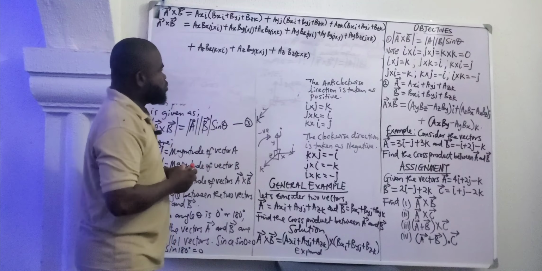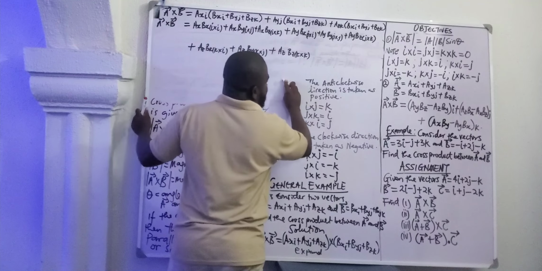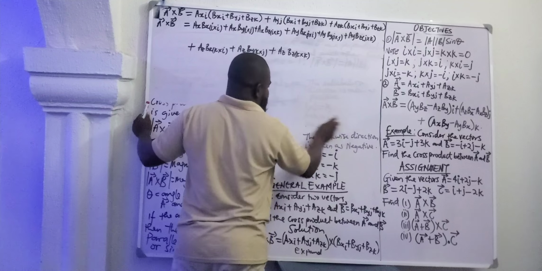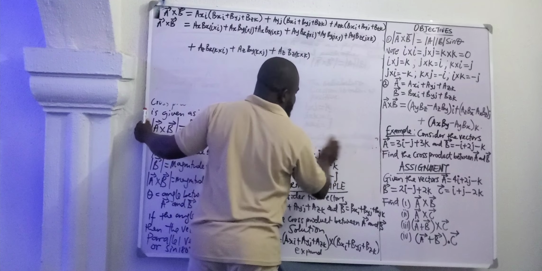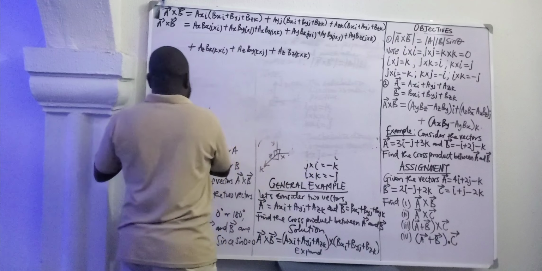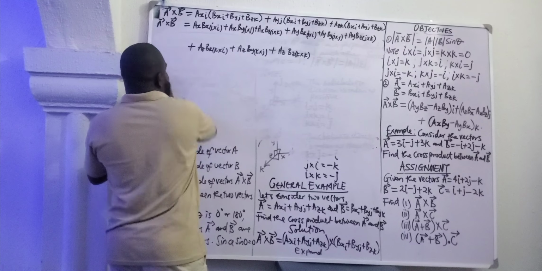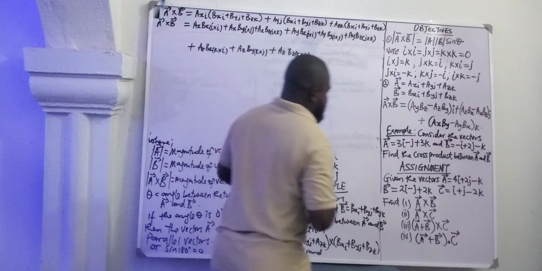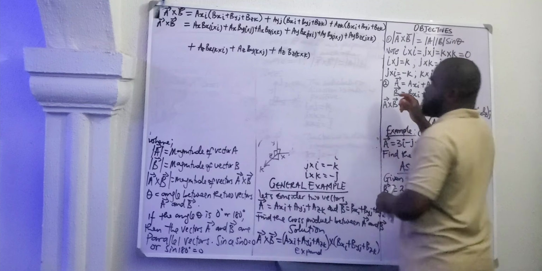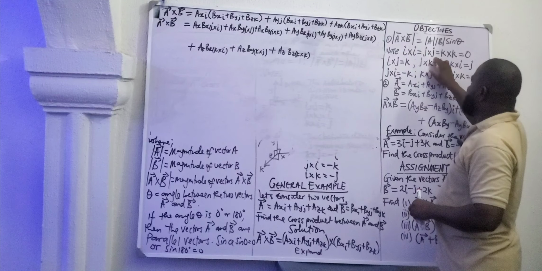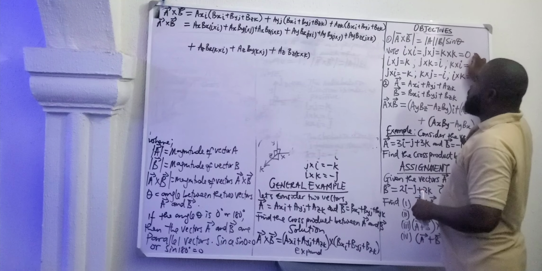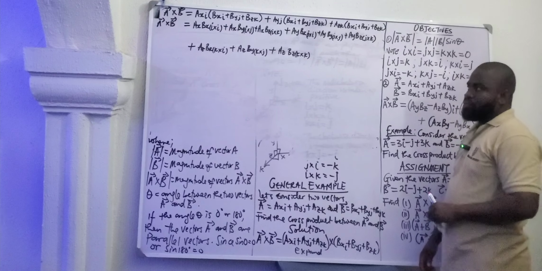Now, we are going to add and use this relationship between unit vectors that we have established. What does that mean? We said where the two vectors have parallel unit vectors, i cross i, j cross j, k cross k, it is equal to what? 0.